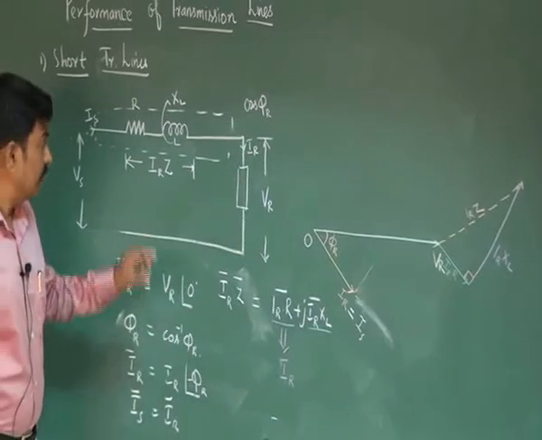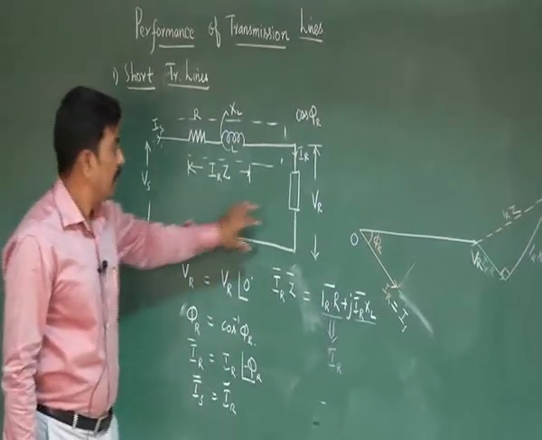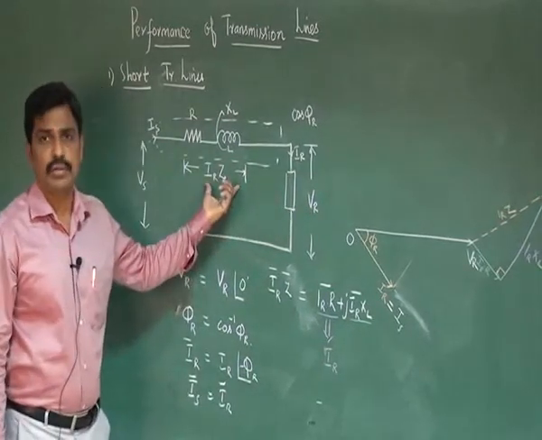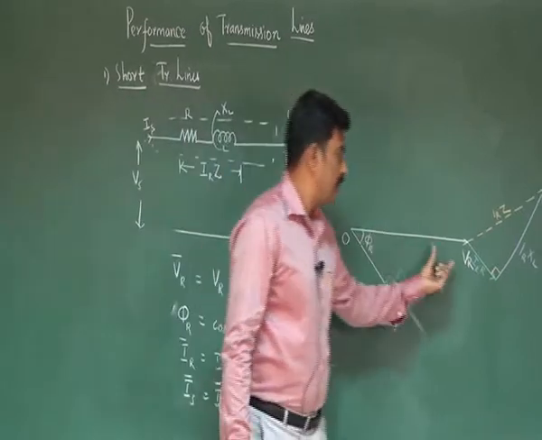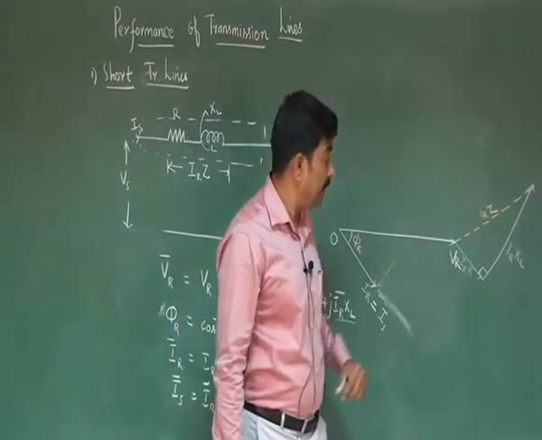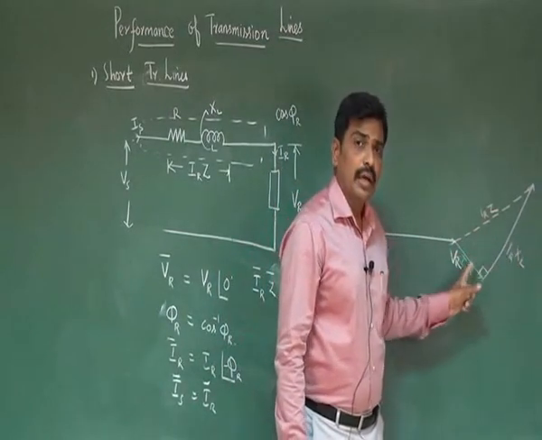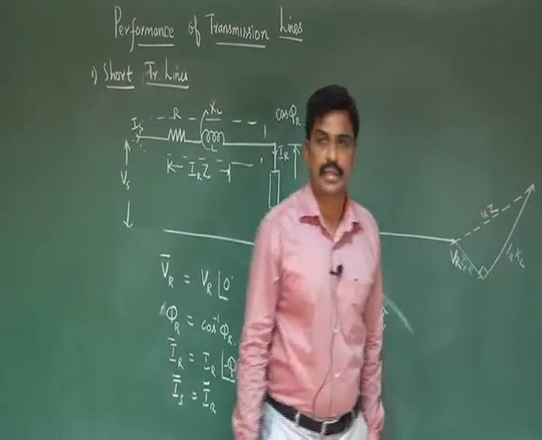As we discussed earlier, the sending end voltage is the combination of the receiving end vector voltage and the voltage drop across the series impedance. Now we have two vectors: one is VR, and the other we obtained from the voltage drop vectors IRR and IRXL, that resultant vector being IRZ.